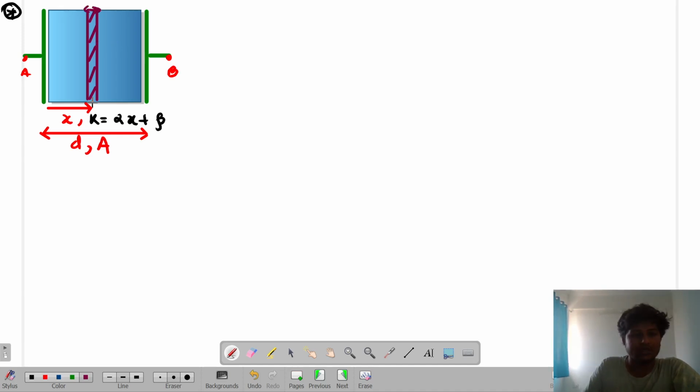So let's suppose I consider a very small length dx. Its capacitance is dC. So dC will be what? I can write the formula of dC. dC is equal to K, area is very small, sorry, area is say A, into epsilon naught divided by dx.